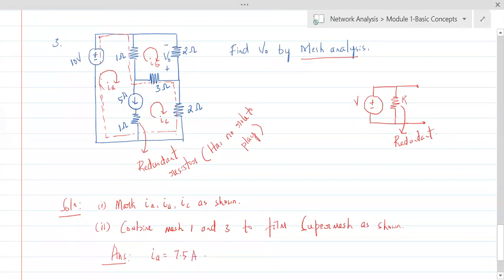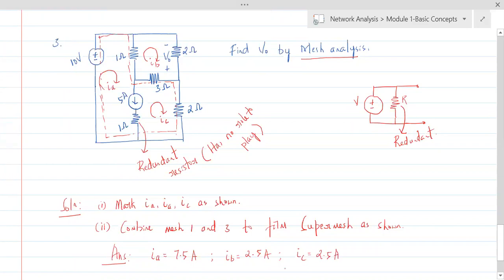Fine. And your IB is 2.5 amps and IC is 2.5 amps again.